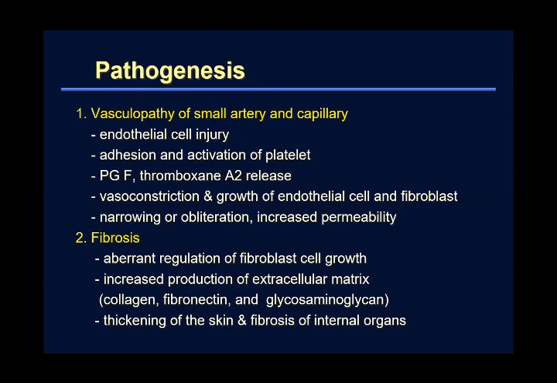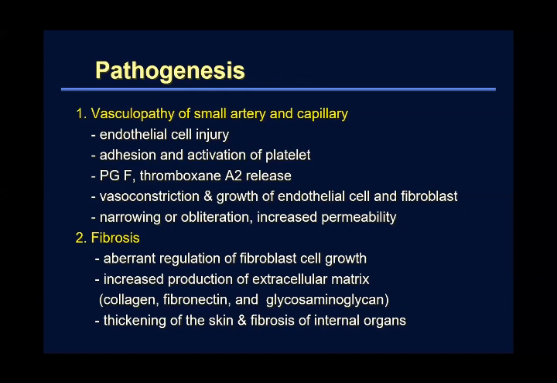Fibrosis: the mechanism is aberrant regulation of fibroblast cell growth and increased production of extracellular matrix, leading to collagen, fibronectin, and glycans. So there is thickening of the skin leading to fibrosis, and fibrosis of the internal organs, especially leading to vasculopathy. This is the whole pathophysiology.